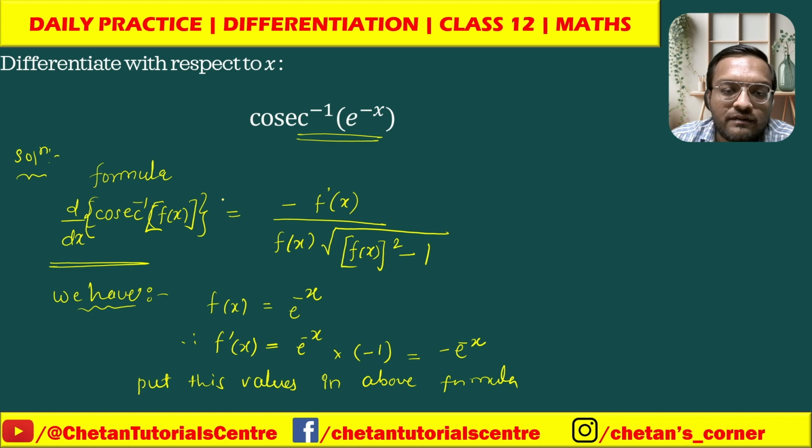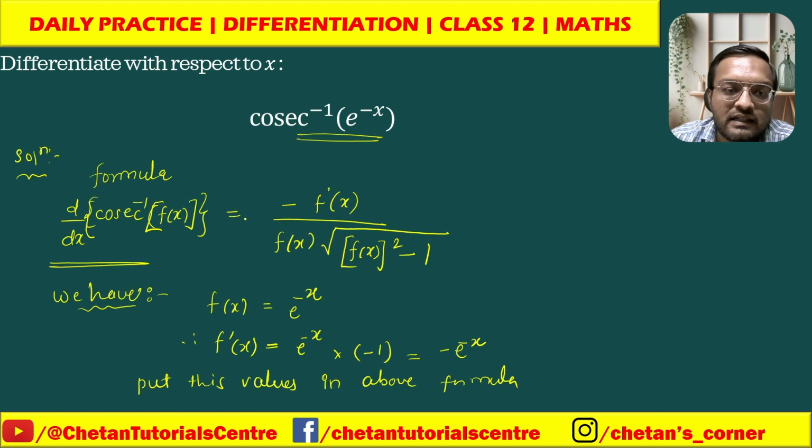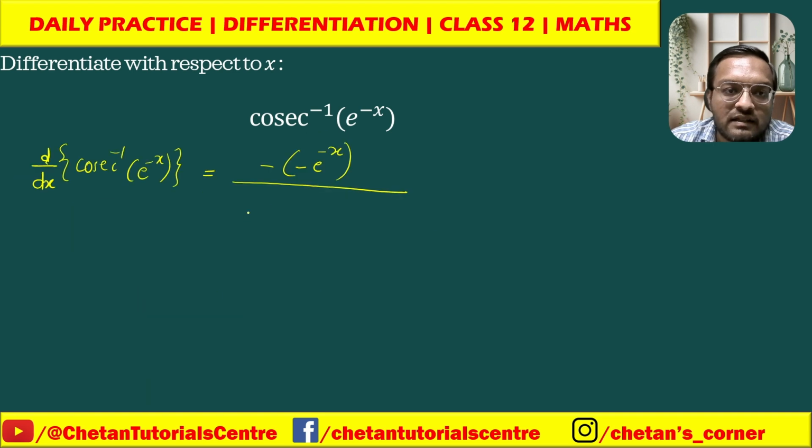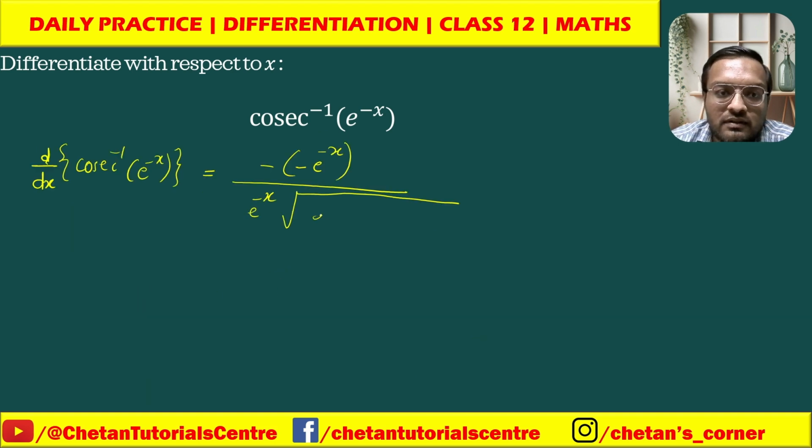So minus f dash of x is minus e raised to minus x, minus e raised to minus x, divided by f of x. f of x is e raised to minus x under root of f of x bracket square. So f of x is e raised to minus x bracket square minus 1.